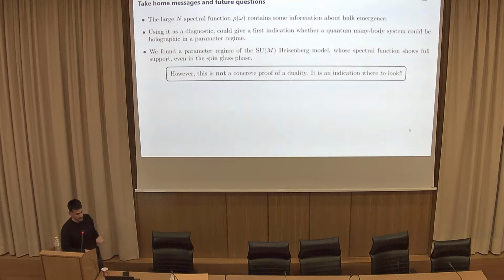And the idea was that these spin glass models, people think, could somehow be connected to high complexity gravitational theories. We tested two spin glass models, but only a small regime showed full support, what we wanted as a first step towards a possible duality.